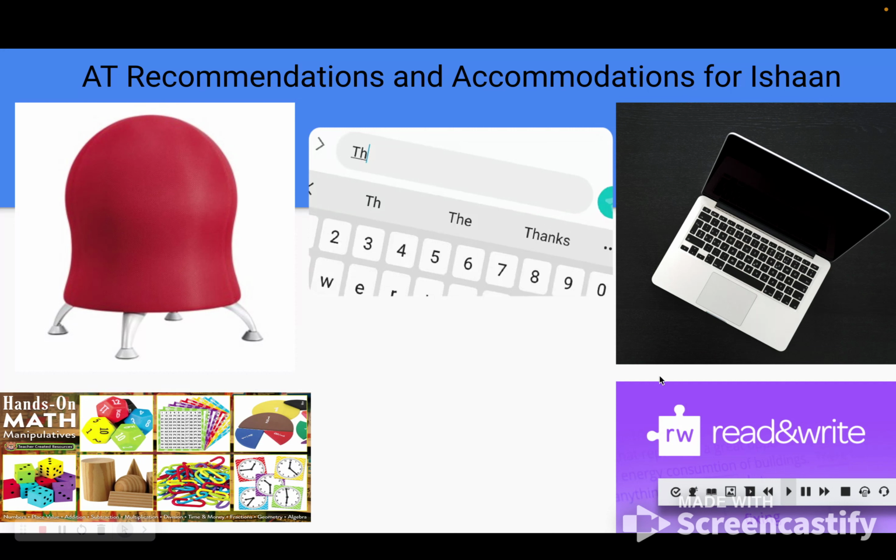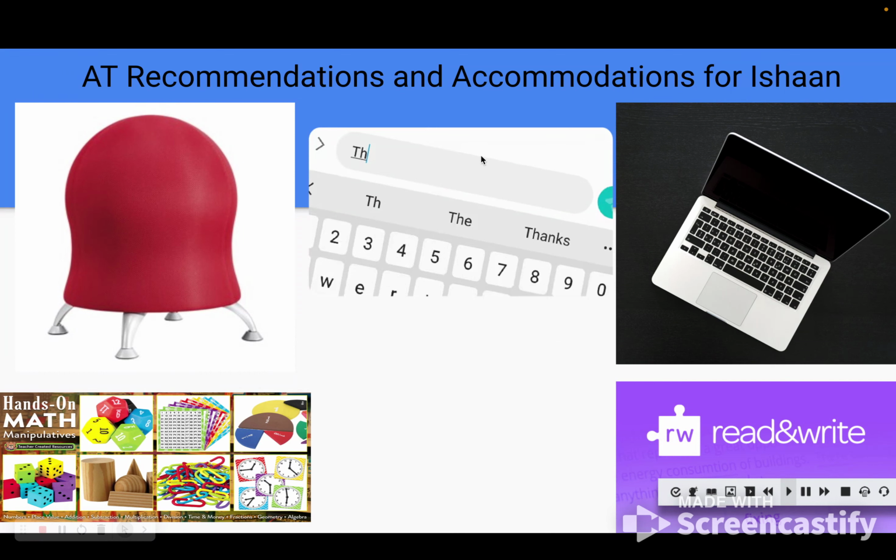I think he could also benefit from high-level assistive technology extensions such as Read and Write, which provides text-to-speech voiceover and speech-to-text dictation. It allows materials to be digitally accessible, almost like an audiobook. I would also recommend Ishaan continue to use audiobooks in the future.